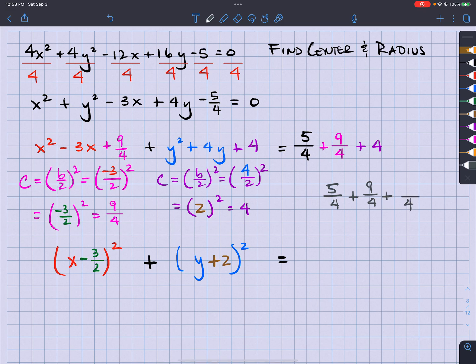That's going to be 16 over 4, because 16 divided by 4 is just 4. So I got 5 plus 9 plus 16, and that's going to give me a whopping 30 over 4. This is going to equal 30 over 4.